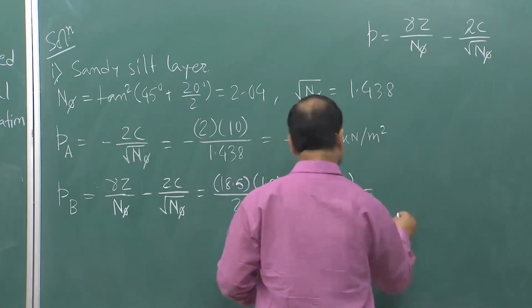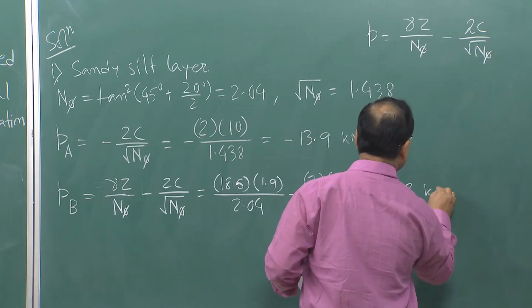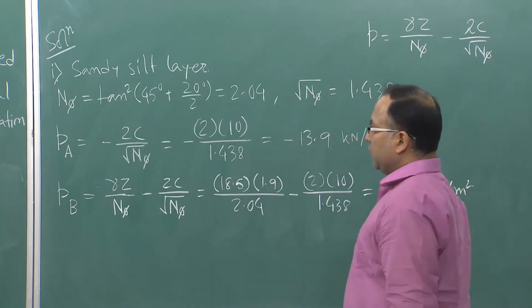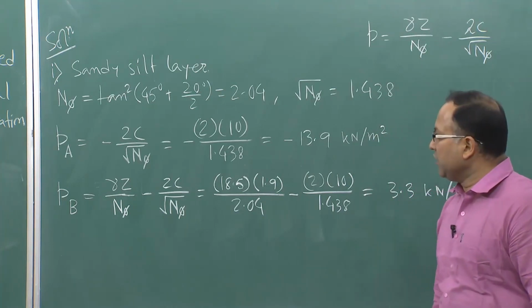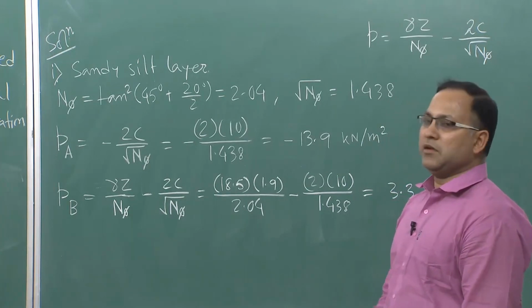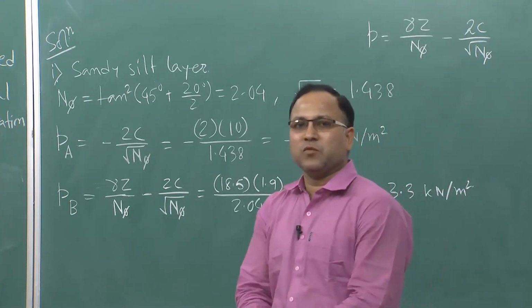So, that gives me 3.3 kilonewton per meter square. Okay. So, we have got the active earth pressure at point A and at point B, as long as we are considering stratum 1.